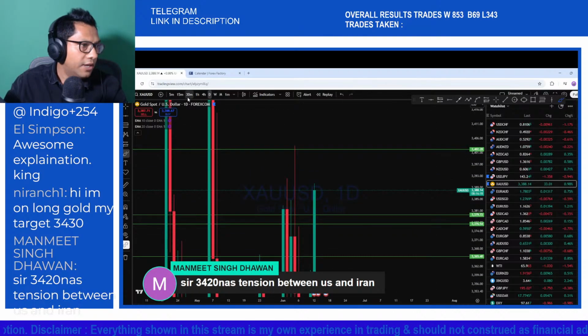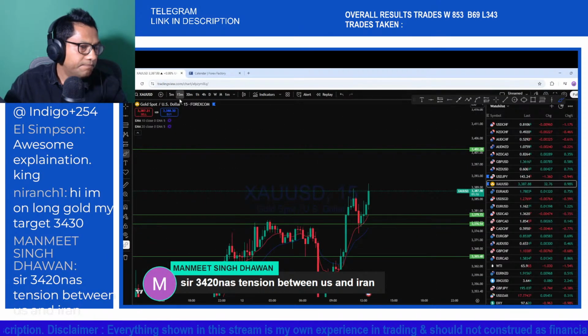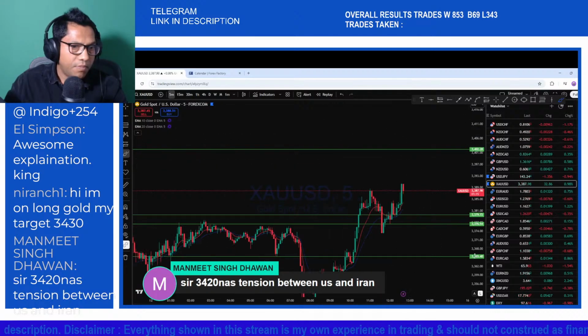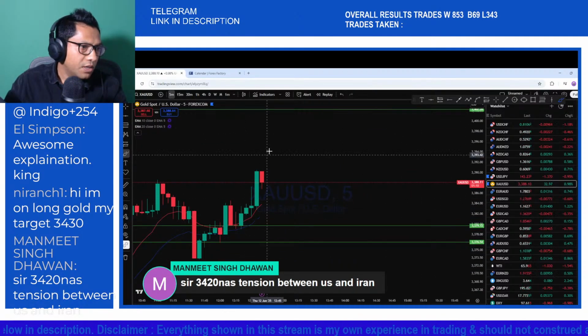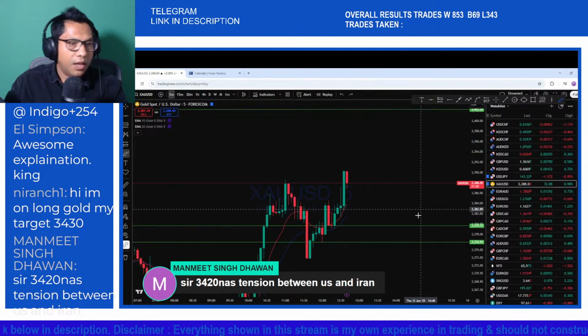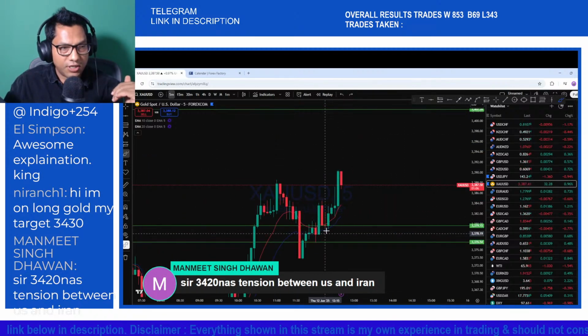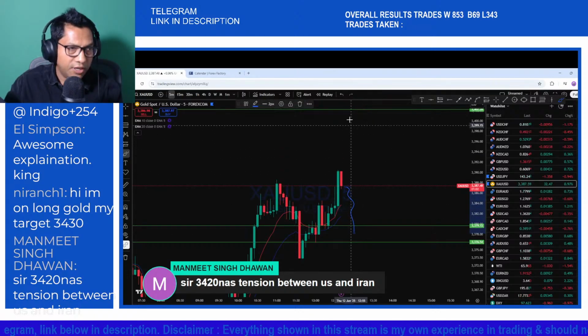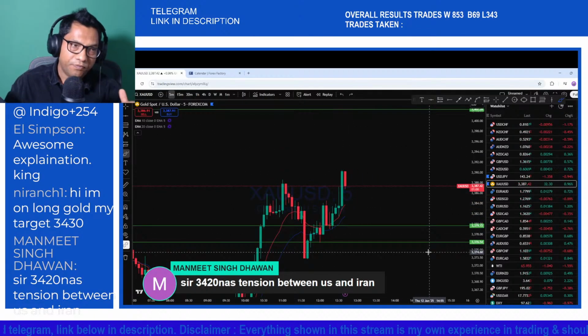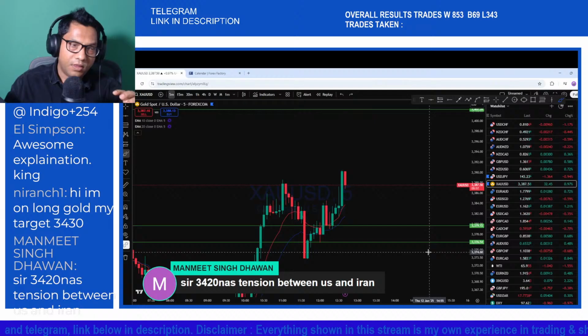Okay, so let's now see. If you look at here, as the data is broken above, we now want to see it come below here to that support. So that's the zone.